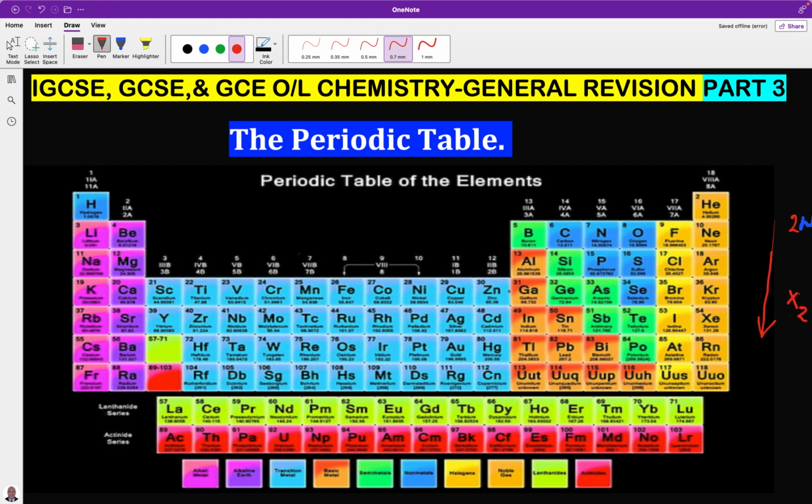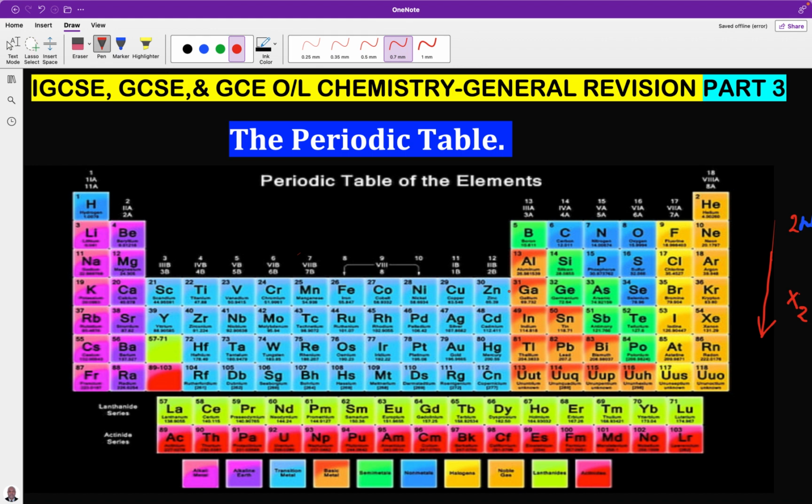Some of these unique characteristics found only within the transition metals are that they form colored compounds.